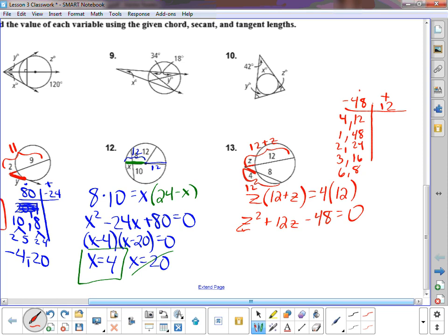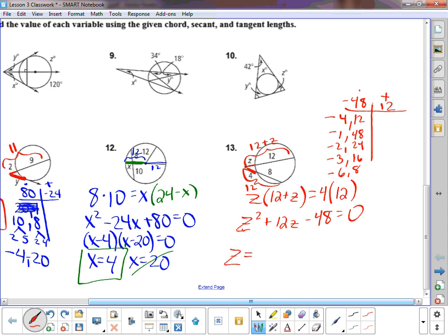In order for our 12 to be positive, we would need the smaller ones to be negative. But do any of these add up to be 12? No. So this is not factorable, which means we have to use the quadratic formula.